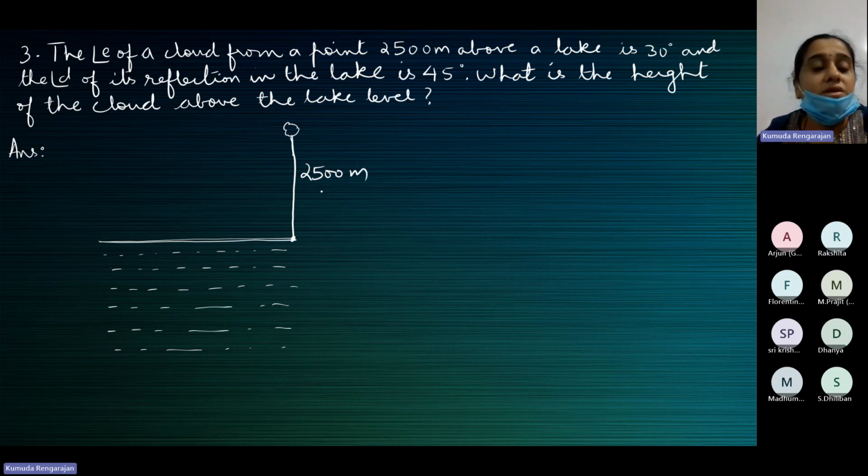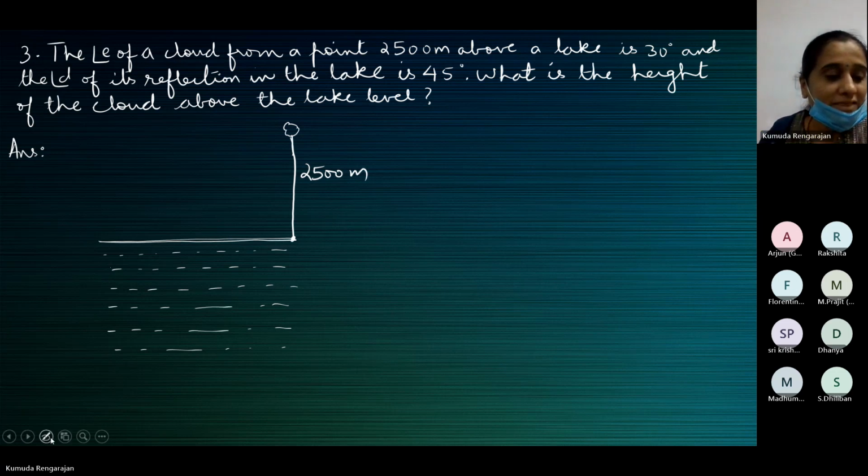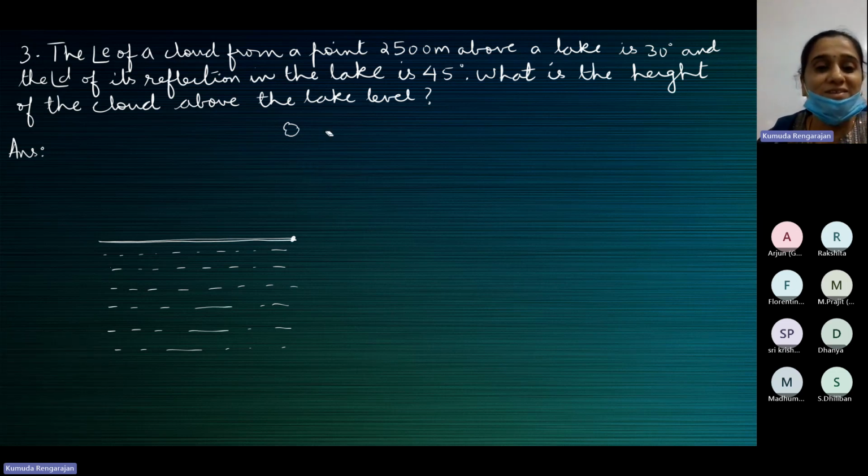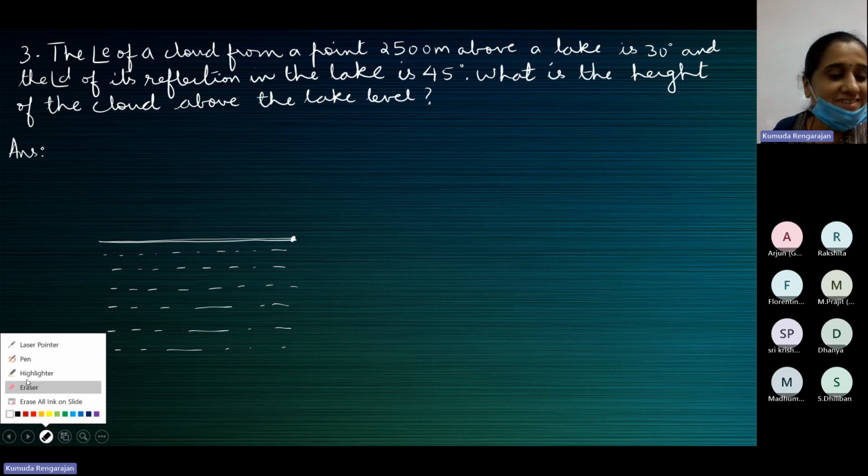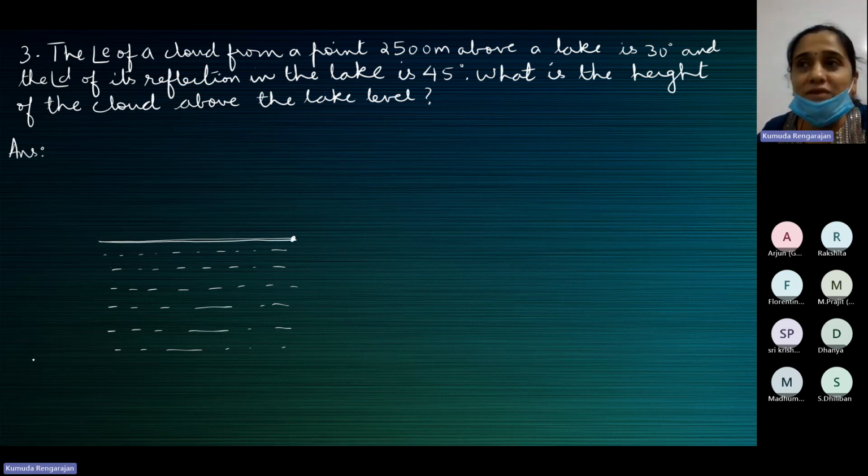Then the angle of elevation of a cloud from a point 2,000. Sorry, I misunderstood, I didn't read it correctly. The angle of elevation of a cloud from a point 2,500 meters above a lake. The observer, I mistook, meaning I didn't read it completely.